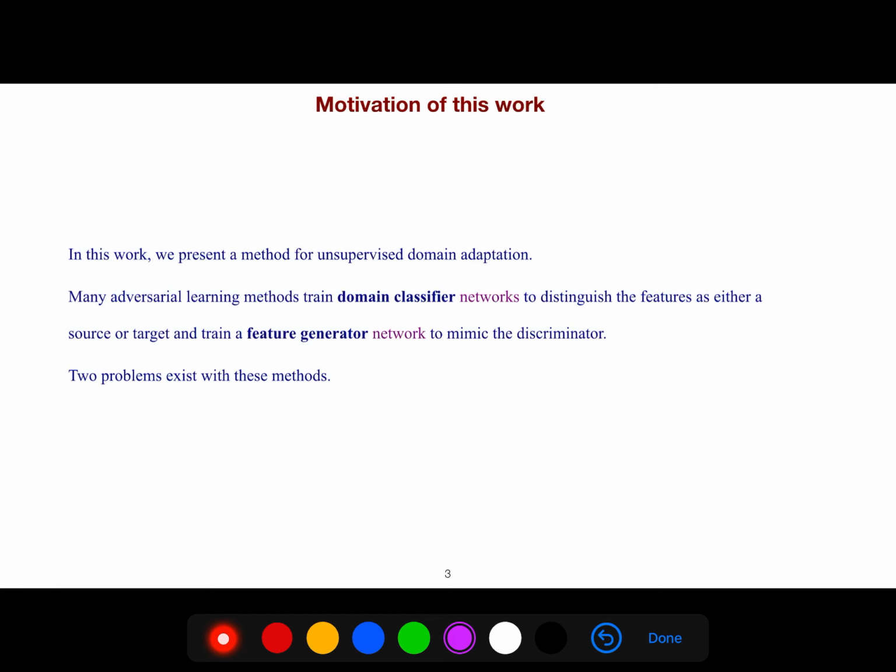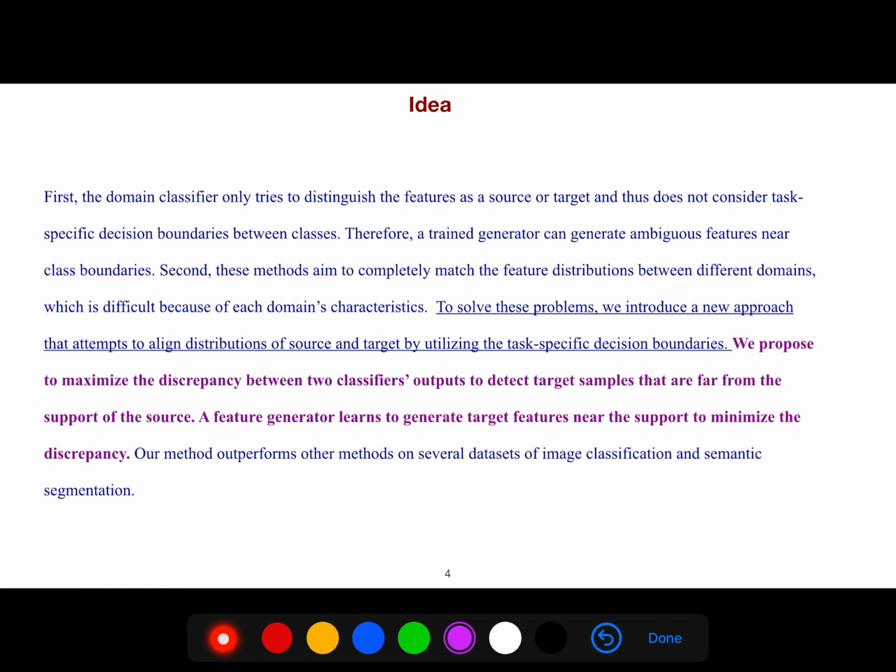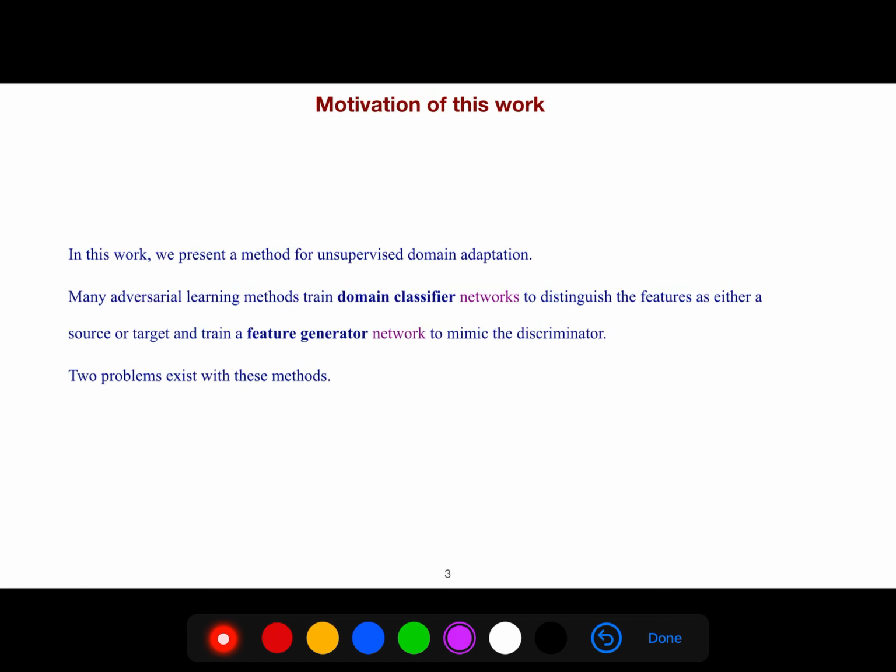Many adversarial learning methods train domain classifier networks to distinguish the features as either source or target, and train a feature generator network to mimic the discriminator. Two problems exist with these methods.